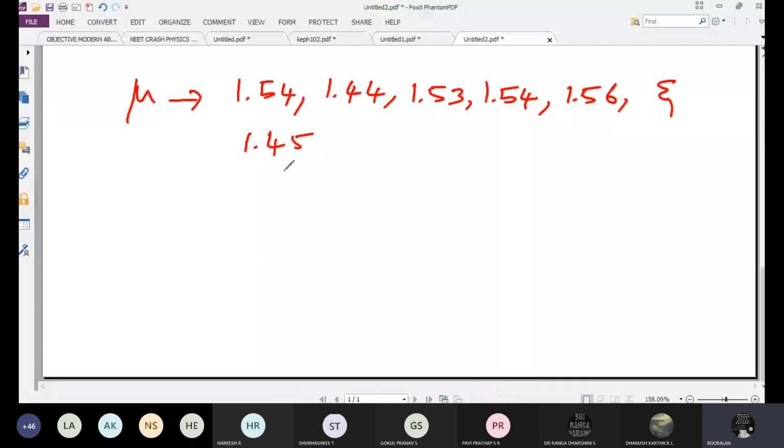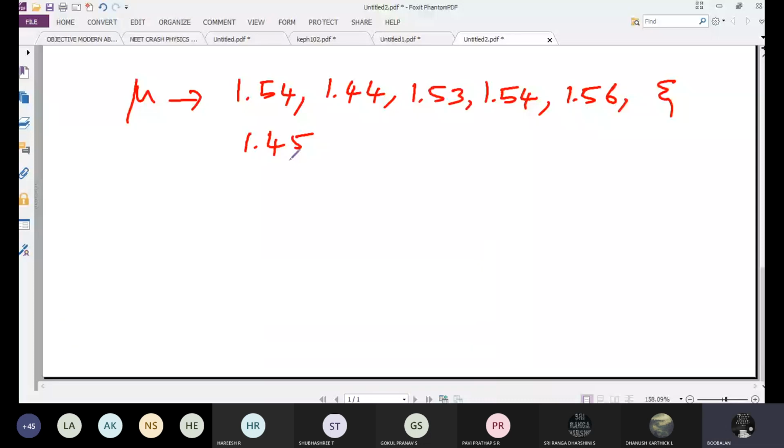Six values. You want to calculate the true value, absolute error, mean absolute error, relative error, percentage error. Try yourself. You know the formulas and the range also.